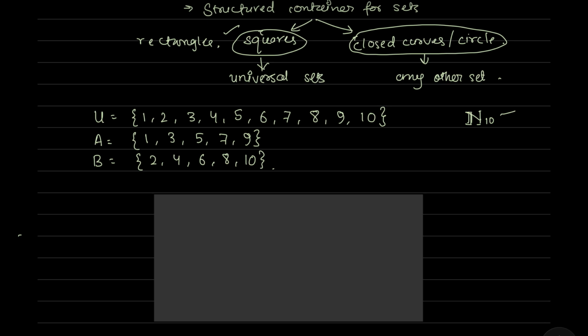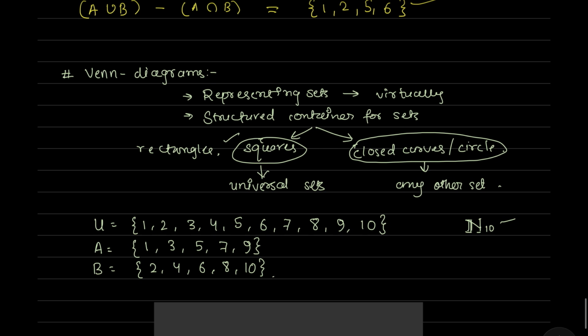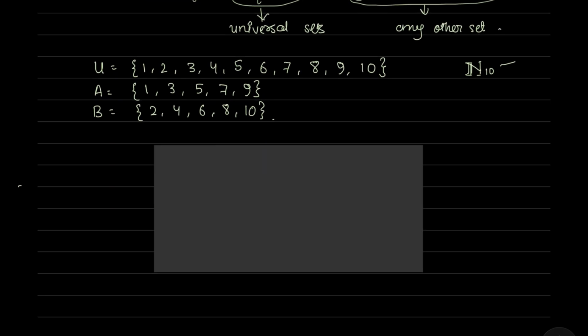As I also mentioned earlier, these Venn diagrams are basically containers for sets. Now this rectangular container contains all these elements 1, 2, 3, 4, 5, 6, 7, 8, 9, 10, and we are calling it U.